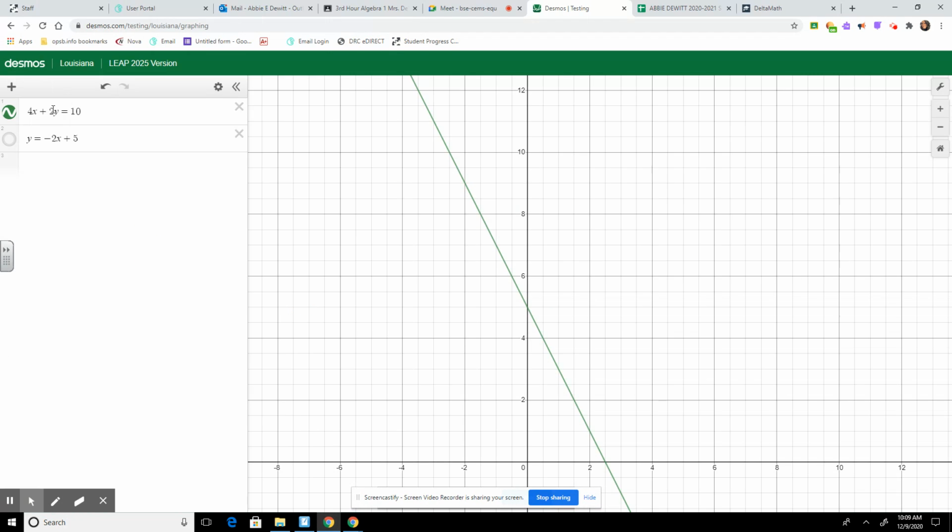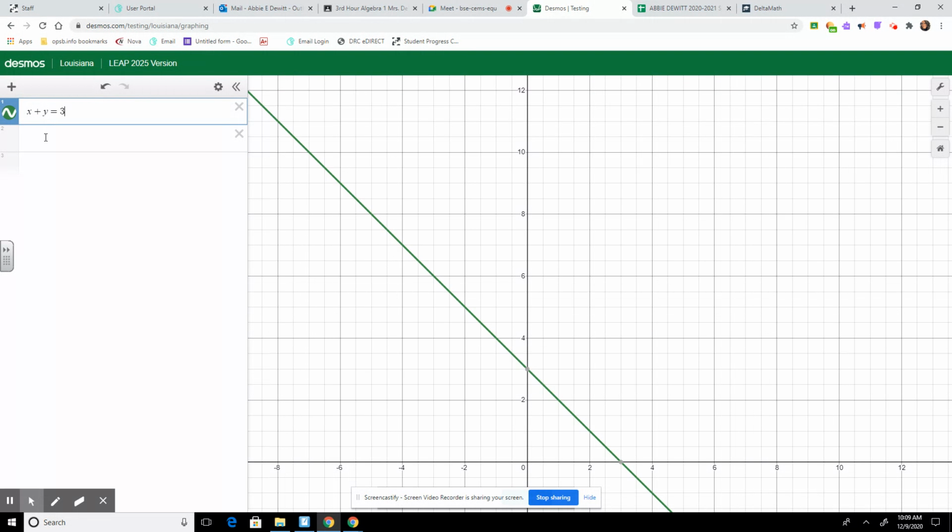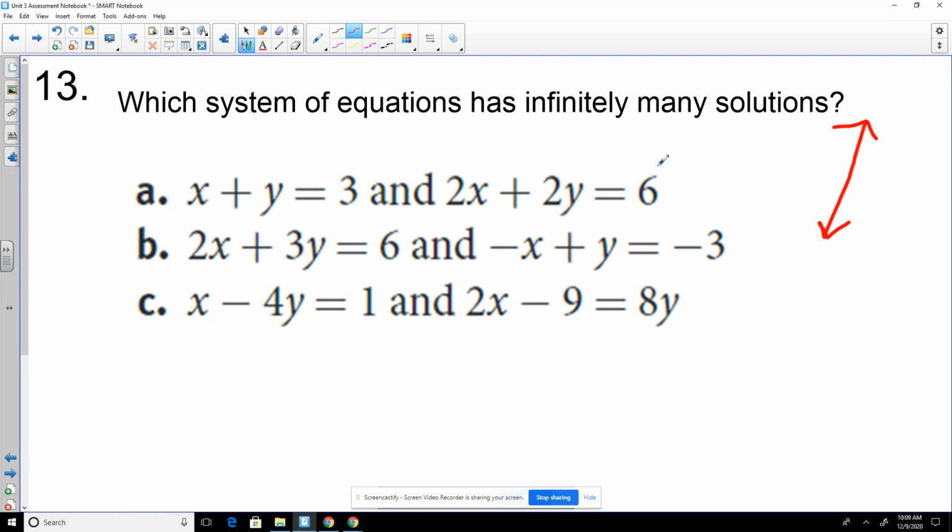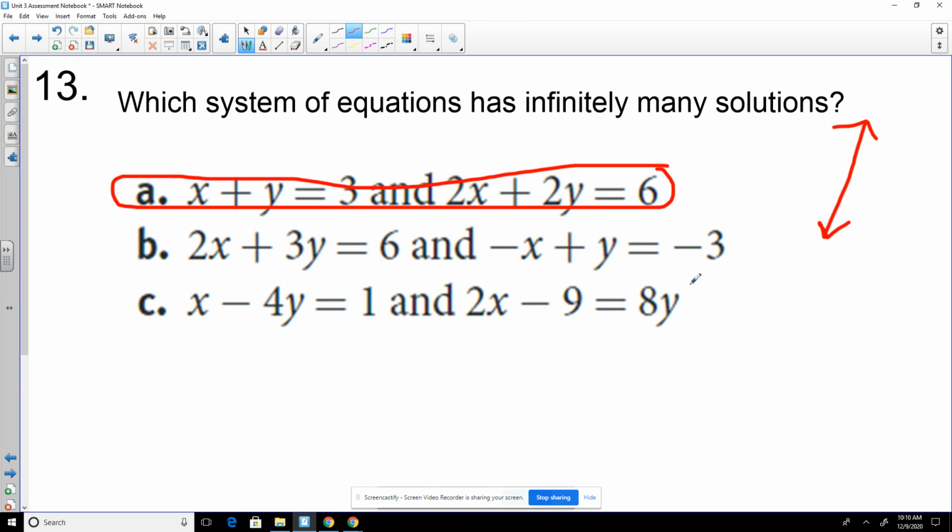So if I graph the first set of equations, x plus y equals 3 and 2x plus 2y equals 6, they touch in all places. So the system that touches in all places, that represents infinitely many solutions, is A.